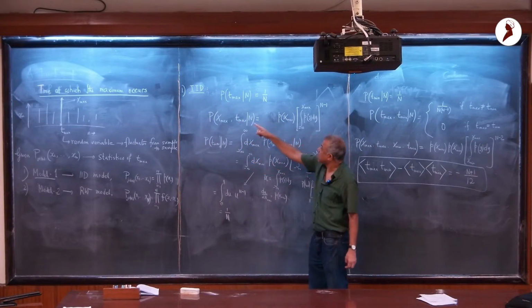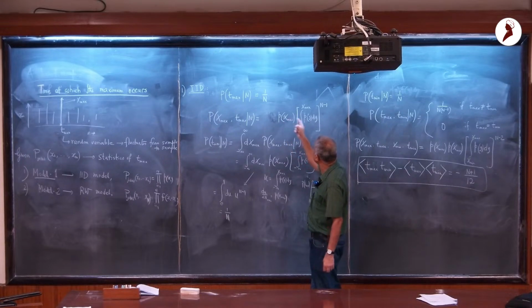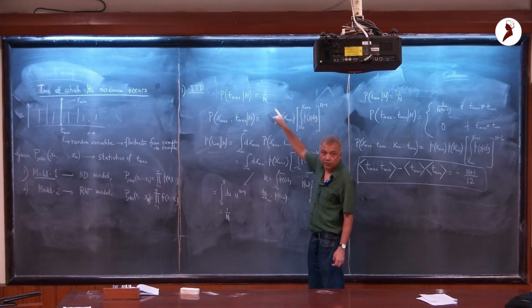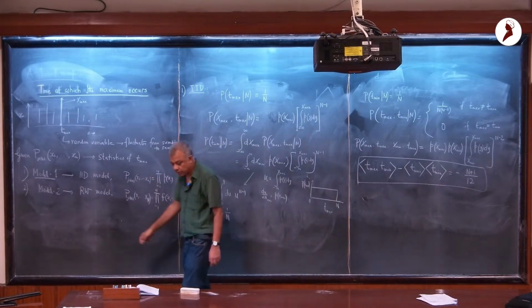But T max can be from 1 to n. So when I integrate over T max, since T max doesn't appear here, you get a factor of n. And that's the combinatorial factor, because you're not fixing T max; you're integrating over T max.